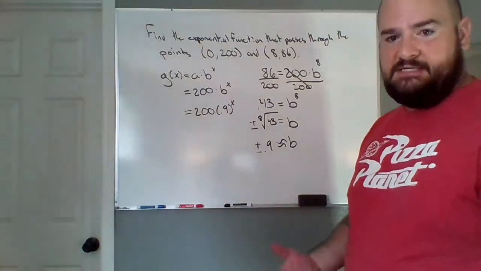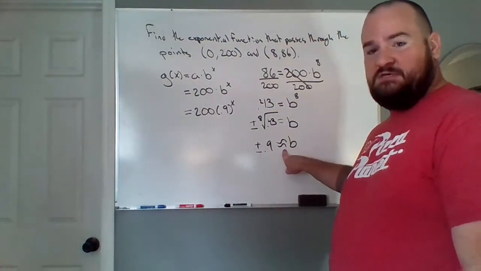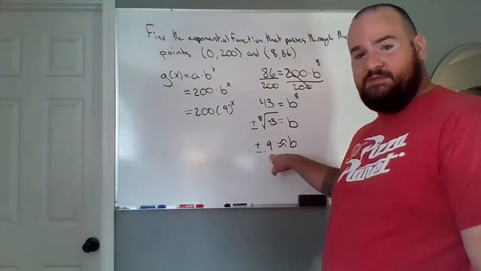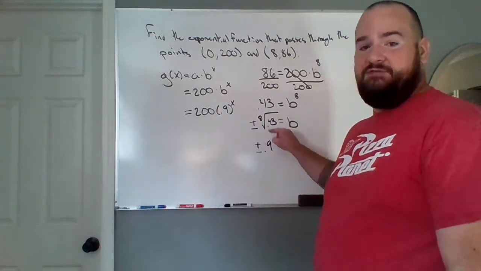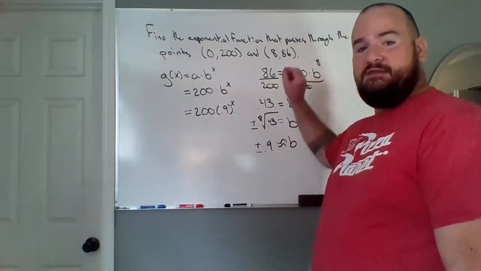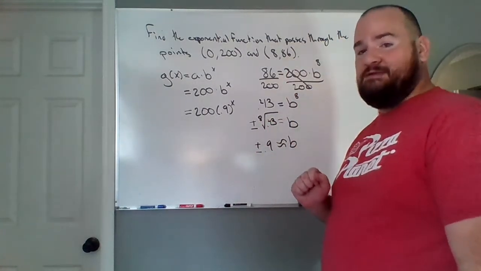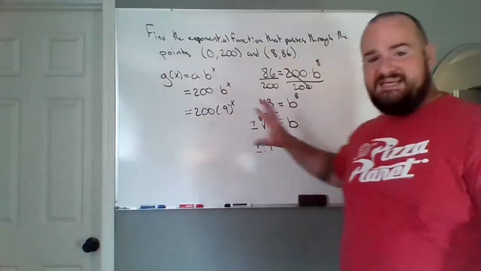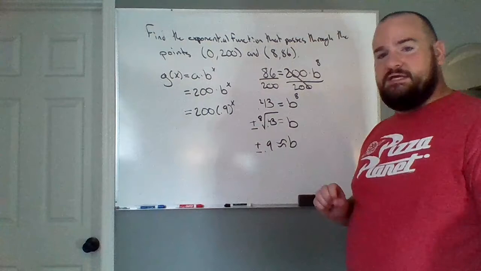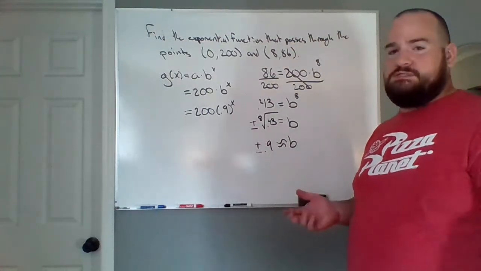Yeah, that's approximately 86. And that makes sense because we used our b value as an approximate 0.9. Now, if we used our b value being exactly the 8th root of 0.43, when we put 8 in there, we should get exactly 86. But because we used an approximate value, when we tested it, we got approximately what we needed. And that's exactly how that works.